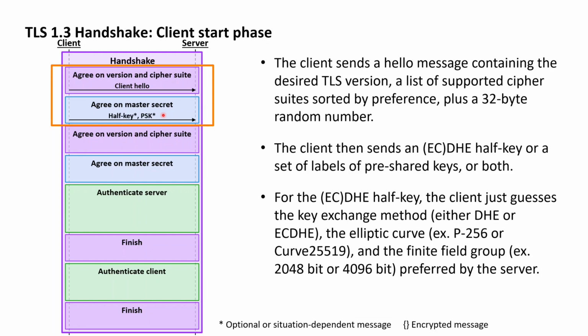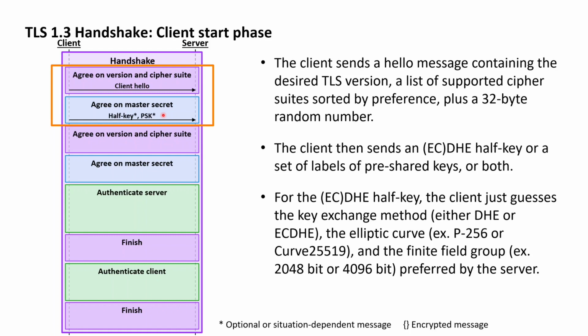For an elliptic curve-based key exchange, the client then needs to guess the elliptic curve, and for a finite field-based key exchange, the client then needs to guess the finite field group. This sounds like a lot of guesswork.